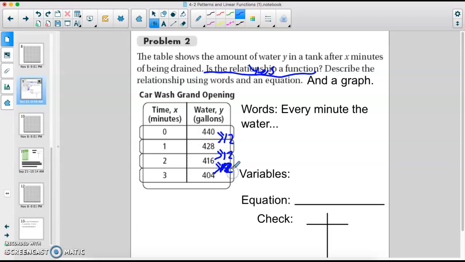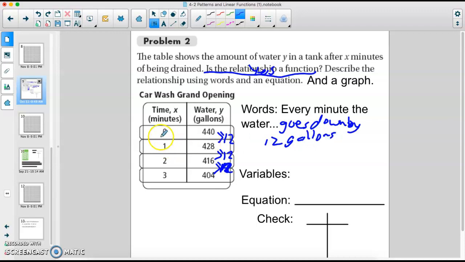I know that's awful, but it does have the pattern of subtracting 12 each time, right? Okay, so what does that mean in our practical terms? Well, it means that every minute the water goes down by 12 gallons.